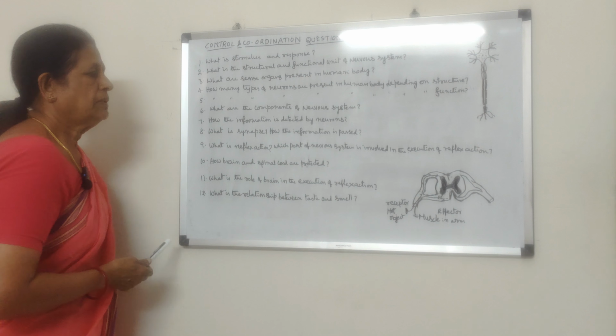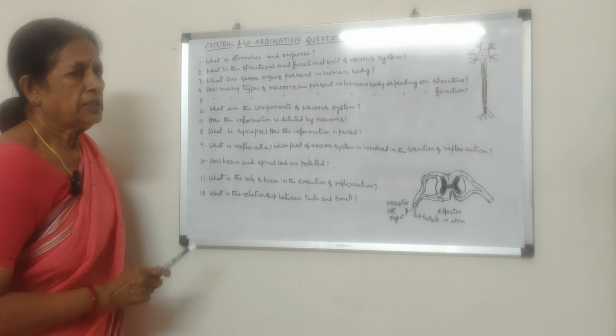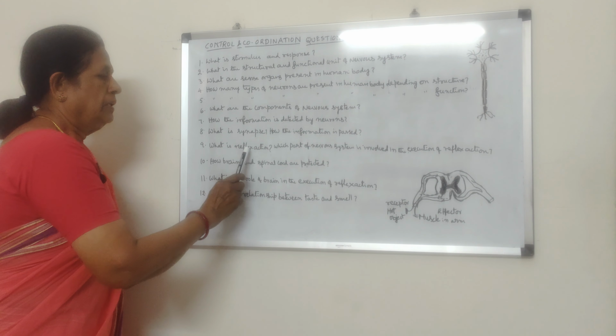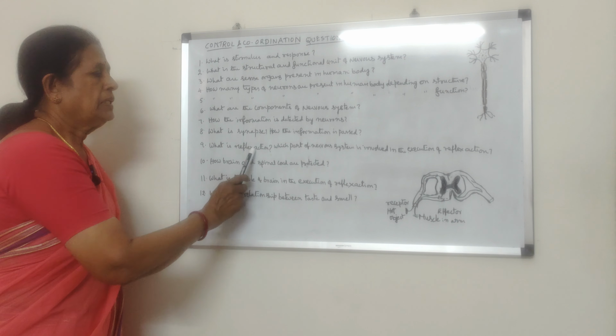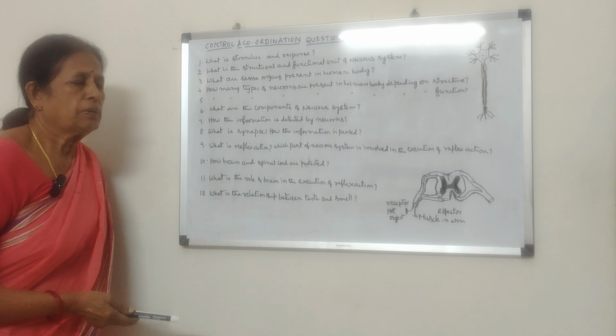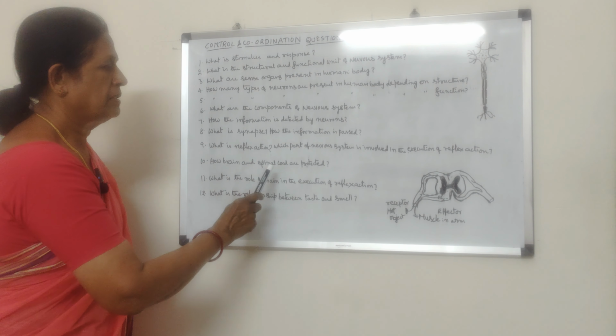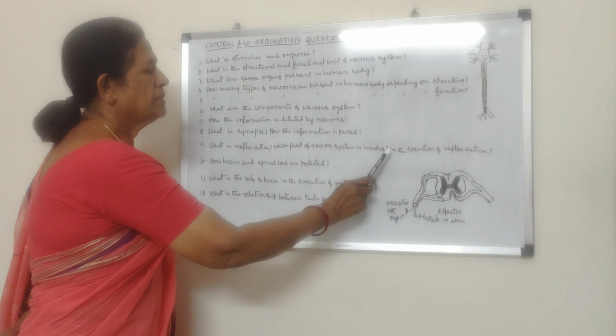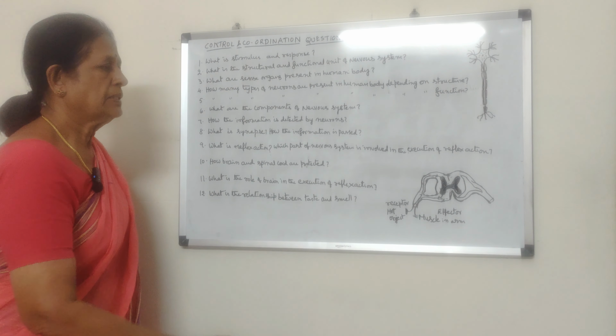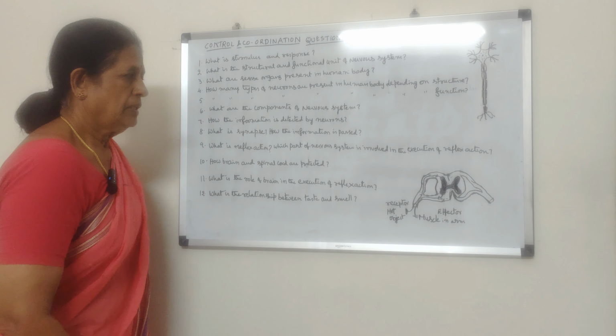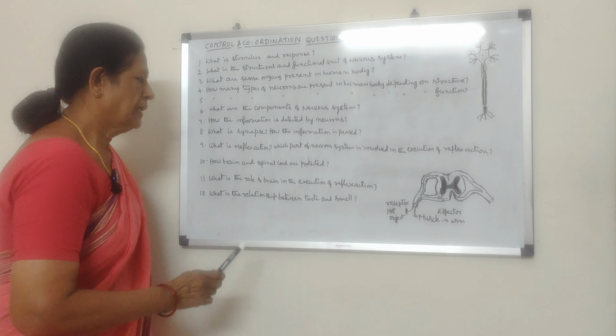What is reflex action? Reflex action is a sudden, immediate, instantaneous, involuntary action which saves us from external dangerous stimulus. And which part of nervous system is involved in the execution of reflex action? Spinal cord is executing reflex action.